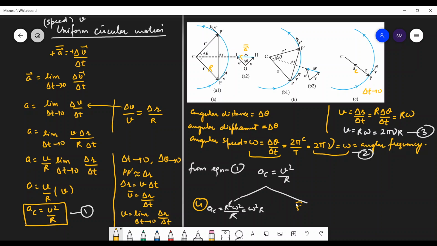Now formula number 5: put the other value of v over here. I get the centripetal acceleration as 4 pi square nu square r square upon r. So r will cancel out and I will get 4 pi square nu square r. A lot of formulas over here, and I can use them as per my convenience.